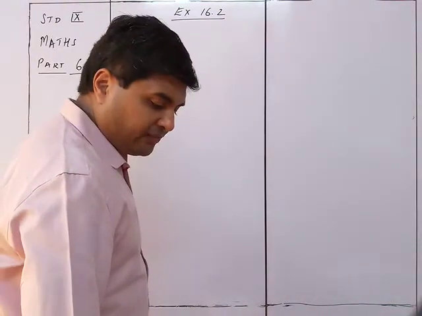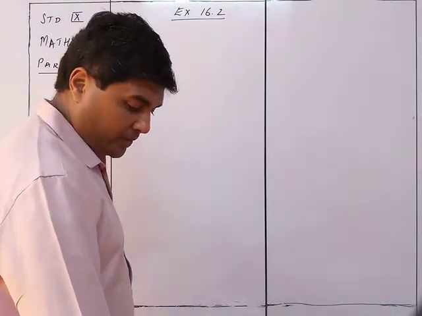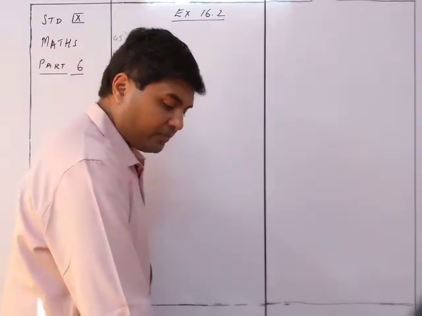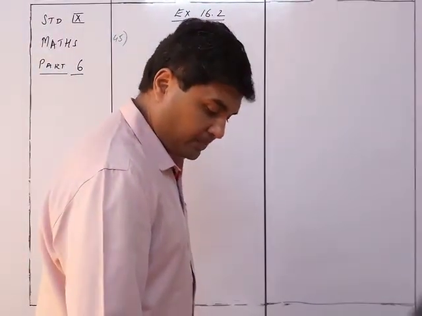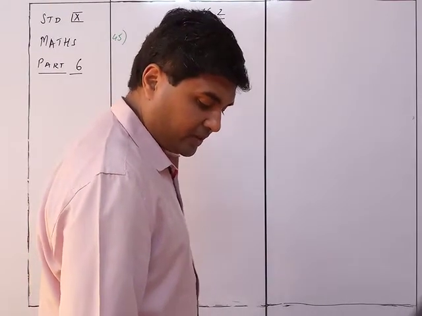If the length and breadth of a room are increased by 1 meter, the area is increased by 21 meter square. If the length of the room is increased by 1 meter and breadth is decreased by 1 meter, the area is decreased by 5 meters square. Find the perimeter of the room.